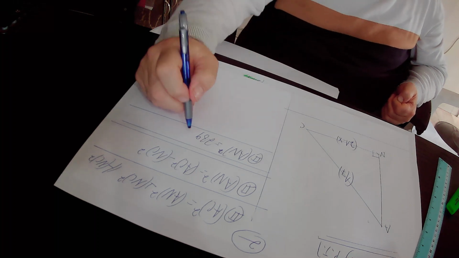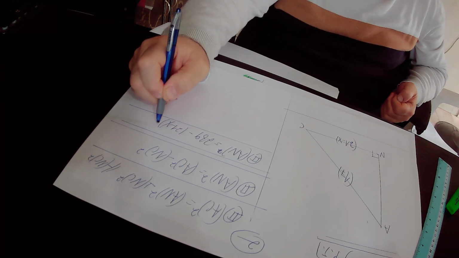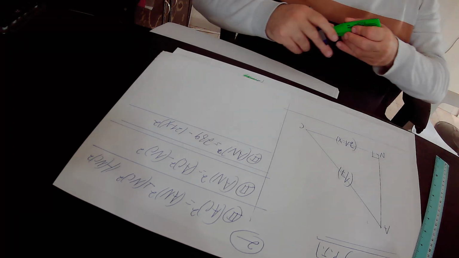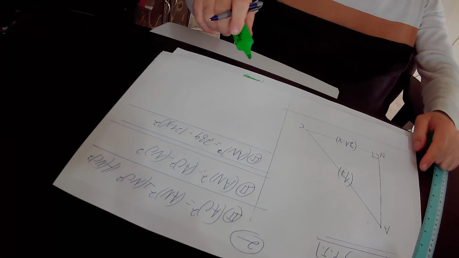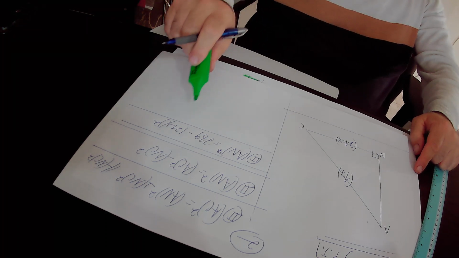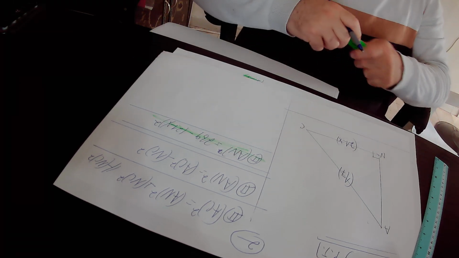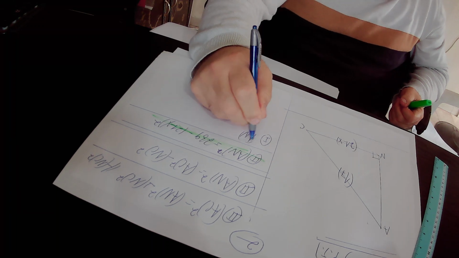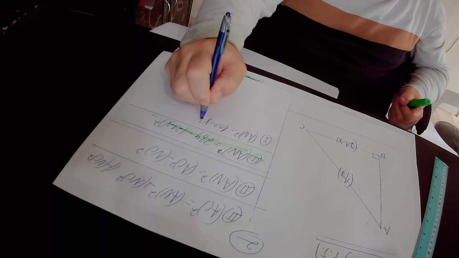NC is 21 minus x, therefore NC squared is (21 minus x) squared. So according to equation 2, AN squared equals 289 minus (21 minus x) squared. According to equation 1, we have already found out that AN squared is equal to 100 minus x squared.